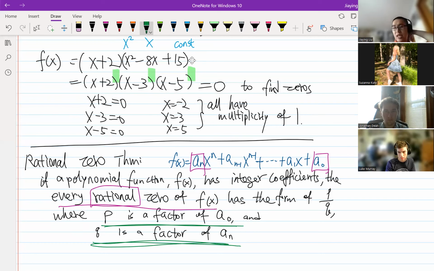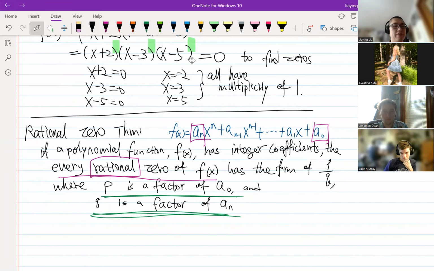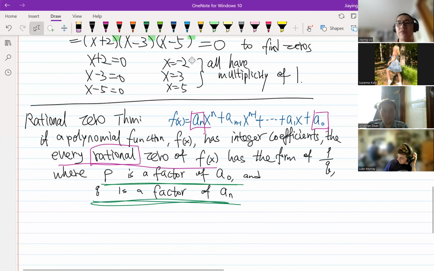Basically, if we know all the factors of the constant term a0 and the leading coefficient an, then we can come up with rational numbers that might be a zero of f of x. The rational number we come up with may not be a zero, but sometimes they are. So that's the guess and check work behind this theorem when we try to find the zeros of f of x. I'm going to use an example to show you how this works. It's pretty confusing if I don't.